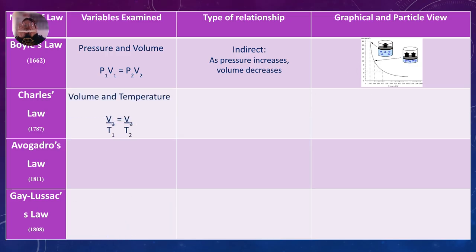Okay. So Charles' law, because you need to know the graphs. Charles' law, volume and temperature. So what he did, right, is he looked at volume and temperature. He already saw pressure was looked at, and he said, okay, well, what about temperature? How does that change it? So what he found is that as you increase your temperature, your volume increases.